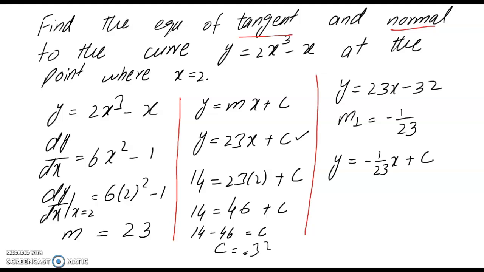And since it passes through the same point, we insert the same coordinates, which are 2 and 14: 14 is equal to negative 1 over 23 times 2 plus c.